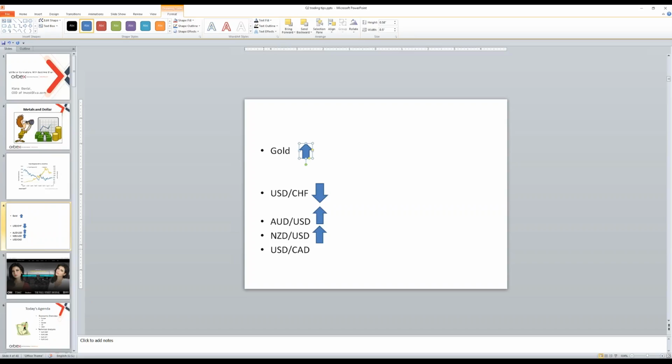But also, Canada is the 5th largest producer of gold in the world. So as gold price goes up, Canadian dollar tends to get stronger, which will ultimately push this pair as well higher.